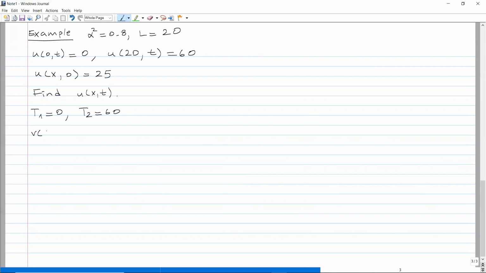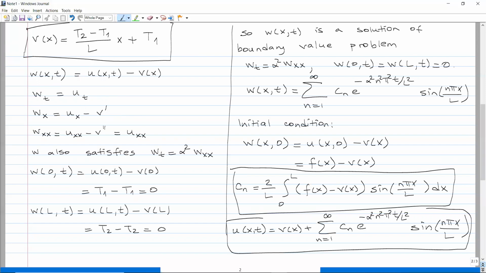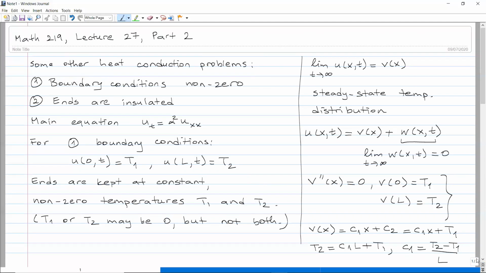So the steady state heat distribution, v(x), is, by the way, you can consider this form of the solution. I write my solution as v(x) plus w.